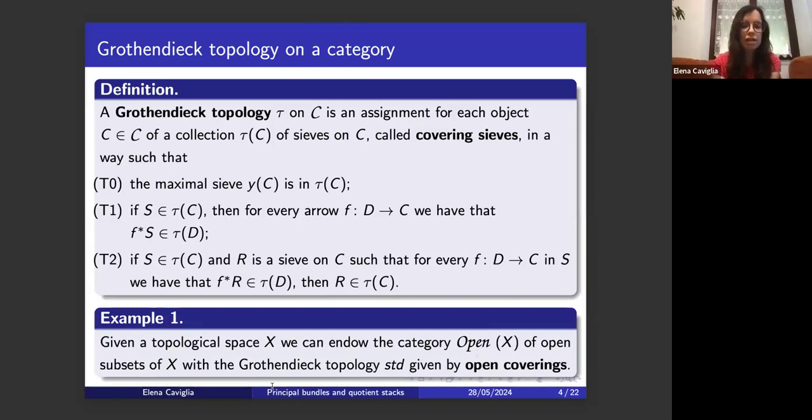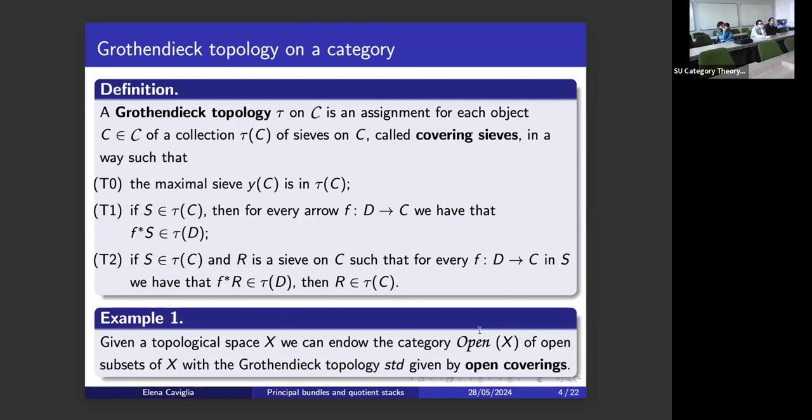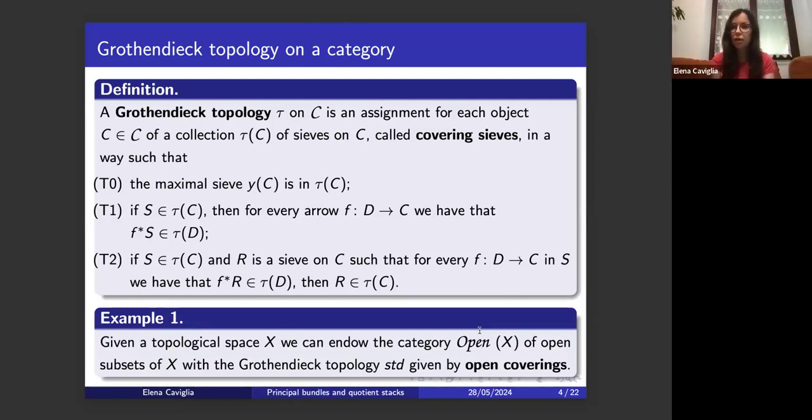And the basic example of Grothendieck topology is that of the category of opens of a topological space. So if we have a topological space X, we can construct a category that has as objects the open subsets of the space, and as morphisms just inclusions between them. And we can endow this category with a Grothendieck topology that is called the standard Grothendieck topology. And we simply take as covering families the open coverings of the topological space. And this gives us an idea of why we call this thing a topology.